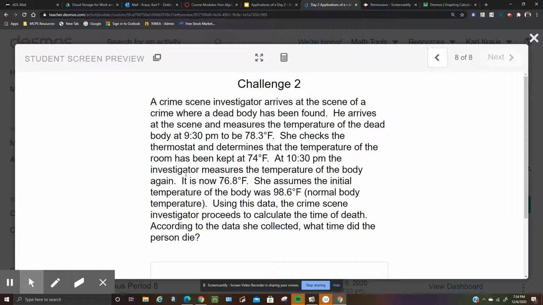At 10:30, the investigator measures the temperature of the body again. It's now 76.8. She assumes the initial temperature of the body was 86.6. Using the data collected at the crime scene, the investigator proceeds to calculate the time of death. According to the data she collected, what time did the person die?